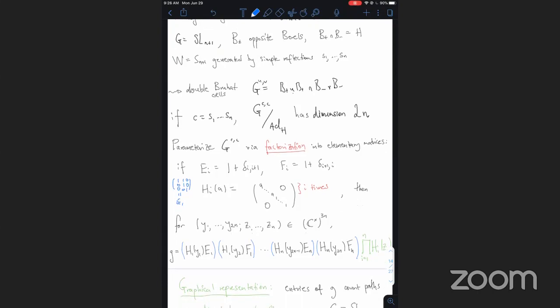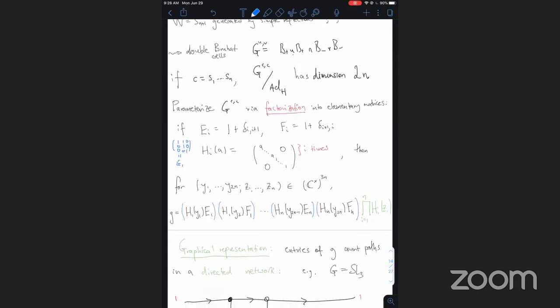Anyhow, the factorization which elements of this Coxeter double Bruhat cell will admit looks the following way. We introduce 2n nonzero complex numbers that we'll call y1 up to y2n, and an additional n that we'll call z1 up to zn.